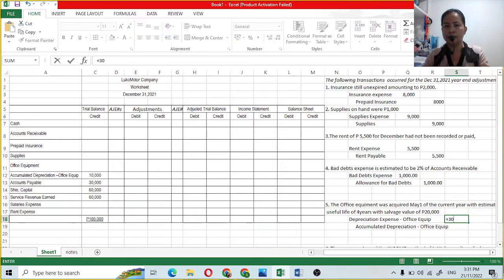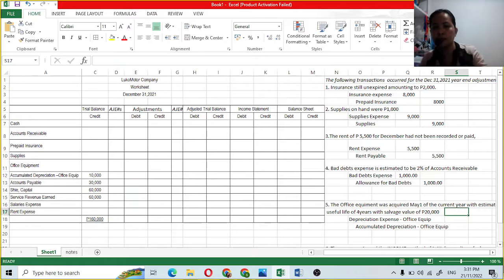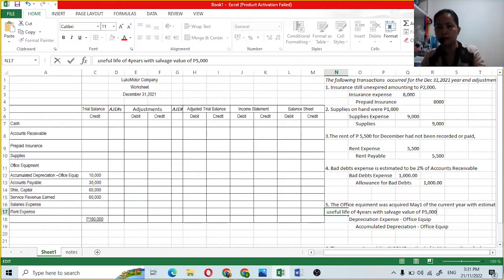That's 30,000 divided by 4 minus 20,000. 20,000 ba? Masyadong malaki yung 20,000, ah. Gawin kong 5,000 na lang. Okay.